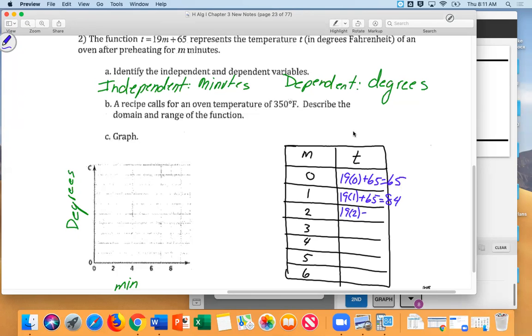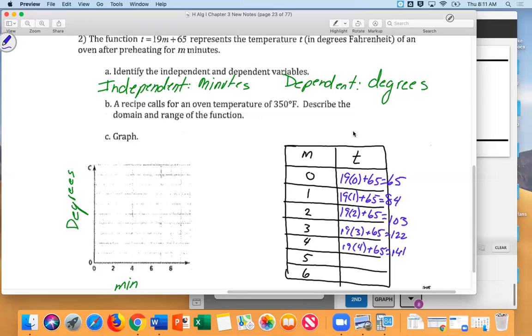19 times 2 plus 65, that's 103. 19 times 3 plus 65, that's 122. 19 times 4 plus 65, that's what? 141.